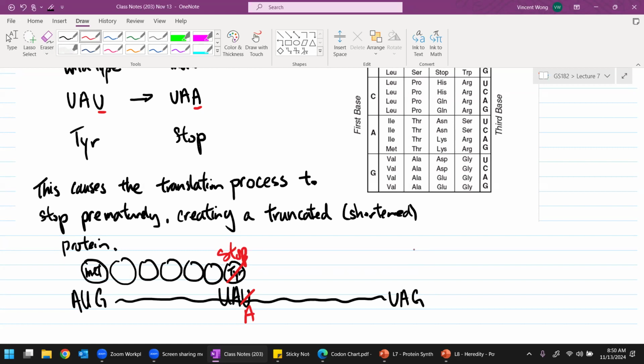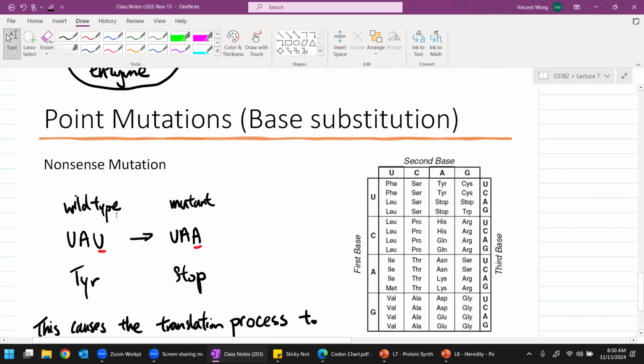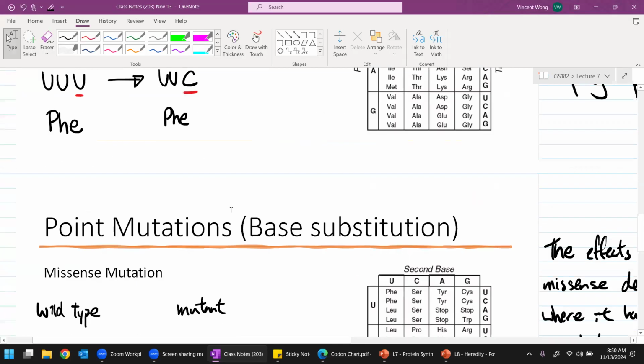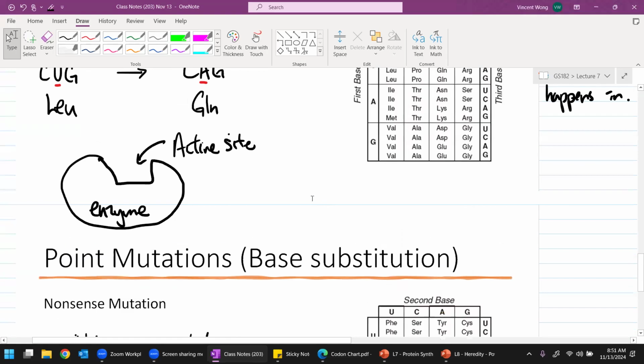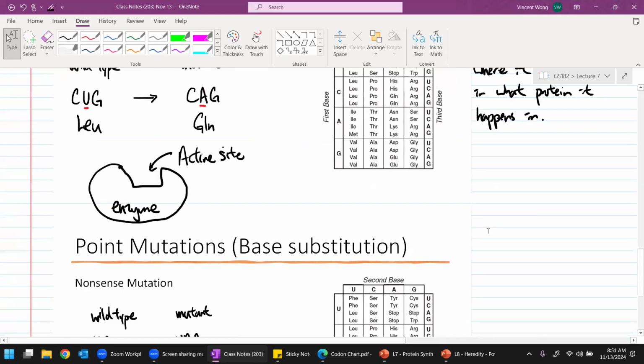Okay. Not this exactly, particularly, but would you say nonsense mutation is generally worse than missense mutation? Here's my question. Would you say nonsense mutations are generally worse than missense mutations? What did I say? Depends. It depends. That's right.